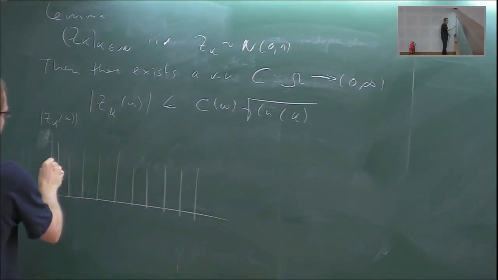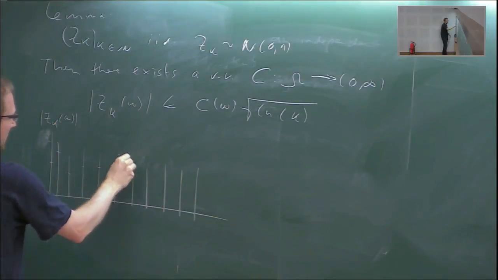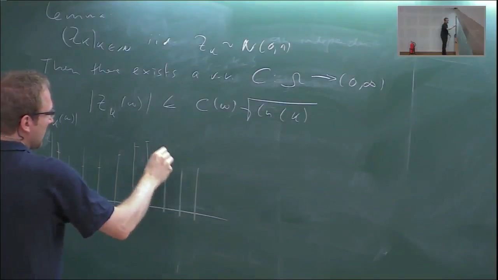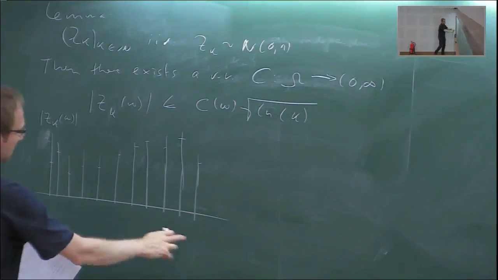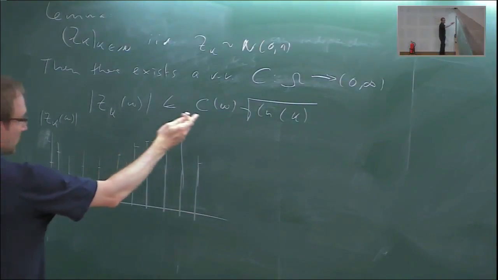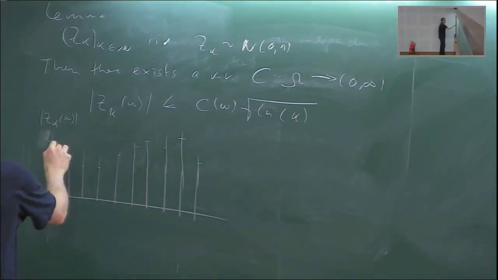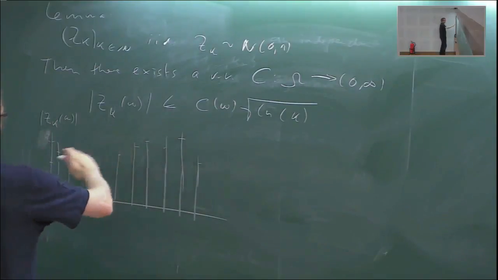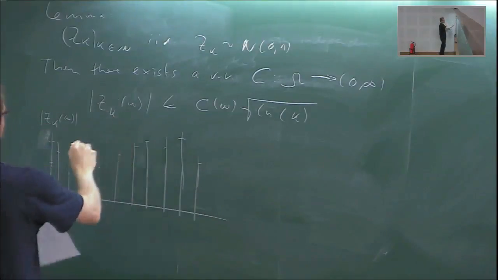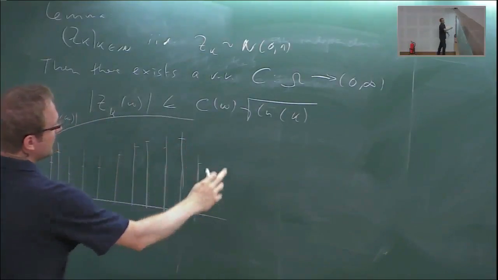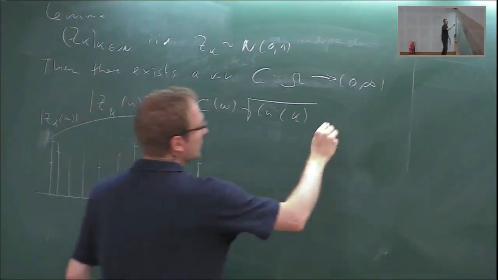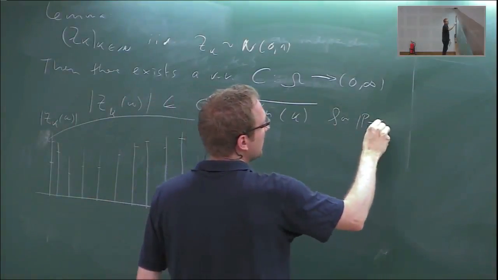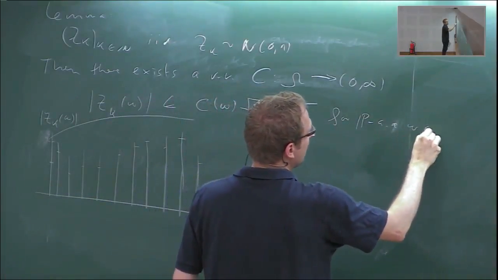For some omega, we have some value here, some value here. But you can say something about how the maximum of those will grow for more and more of them. And what this tells us is, for each omega, there exists a random function which tells us how high we are, and then we know that it grows just like the function logarithm of k. So there is, for P almost all omega in omega.